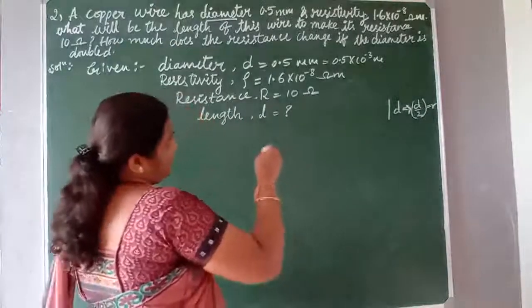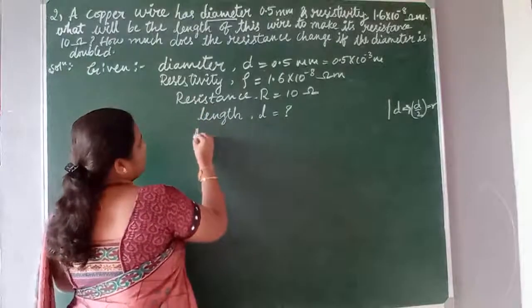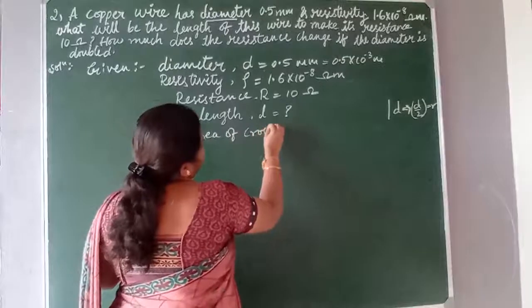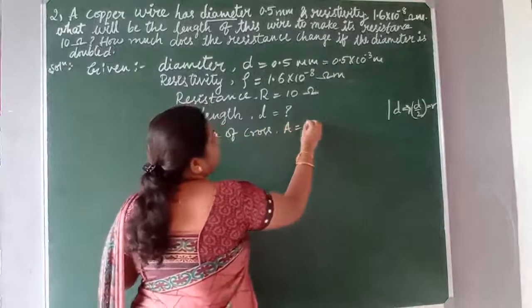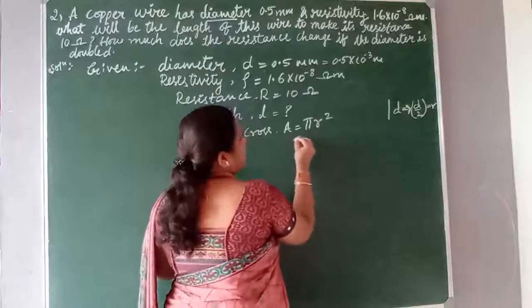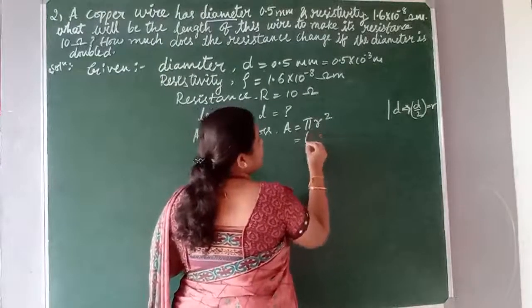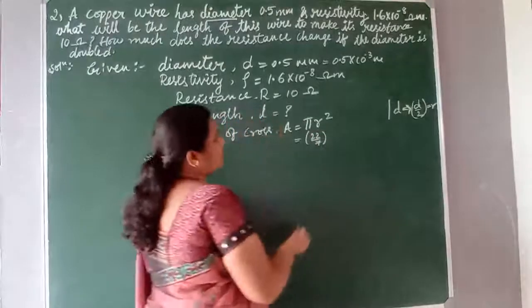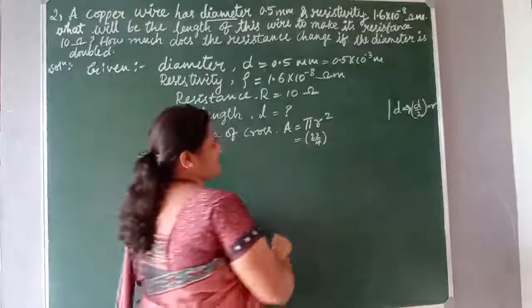So now area of cross section A is equal to pi r square. So pi value is, children, 22 by 7, or you can write 3.142. Both are the same, isn't it, children?